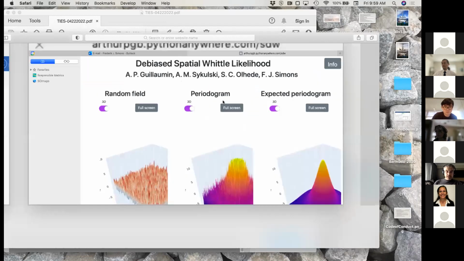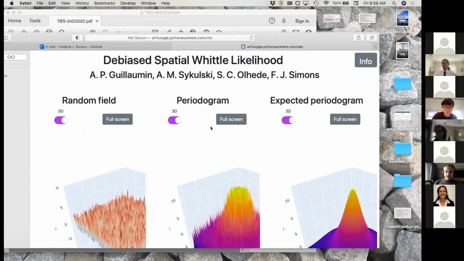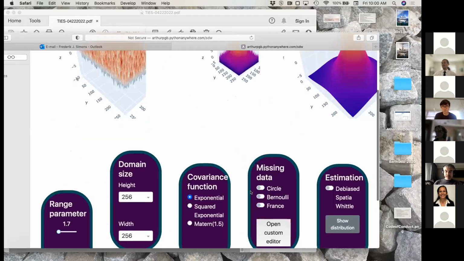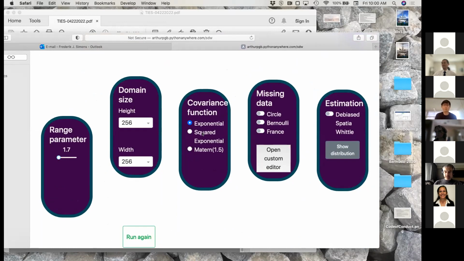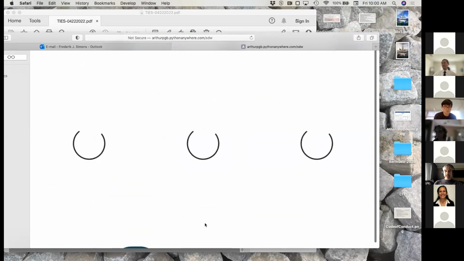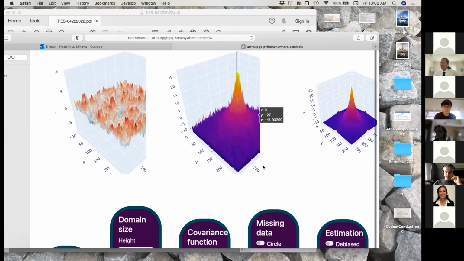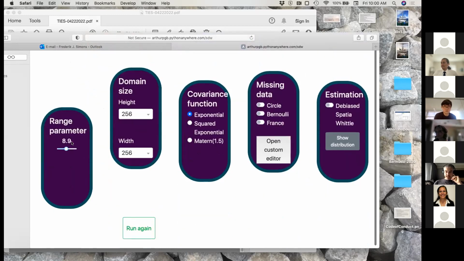You can pick parameters of domain size and some subset of the Matern model, and then find some missing data or do a custom one. Let me change the range and then run again, and you'll see everything running. So there is a live implementation of this method where you see the random field, the periodogram, the expected periodogram, and the estimated range parameter for this particular model.